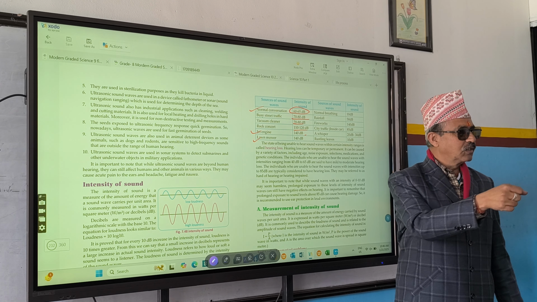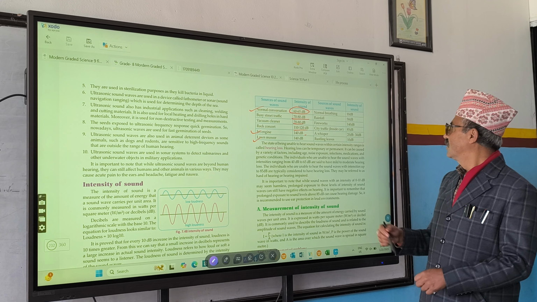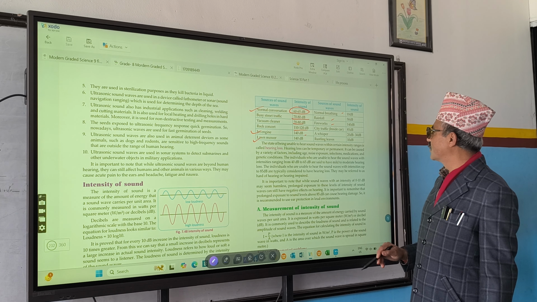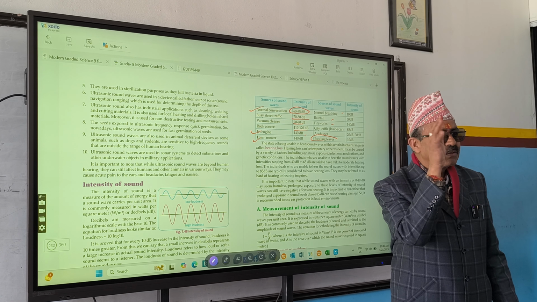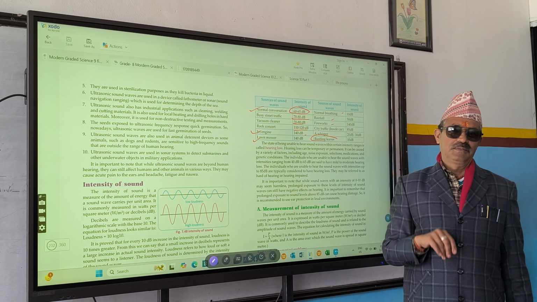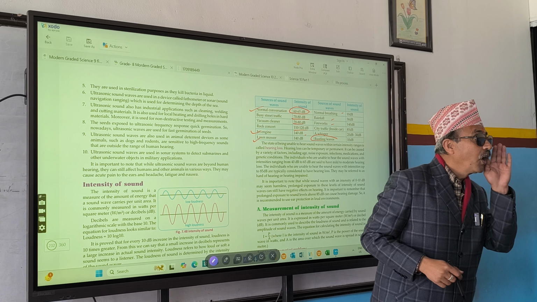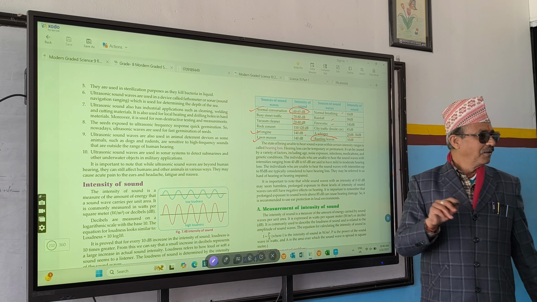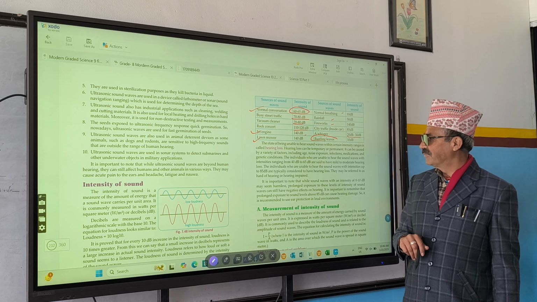Lawn mower means the machine used in grounds. Then normal breathing, rainfall, fireworks. Rustling of leaves when the leaves move like this, 10 dB. Whispering, 20 decibel to 30 decibel.